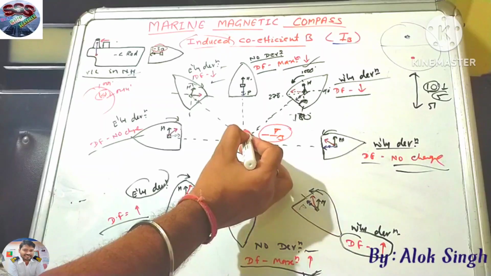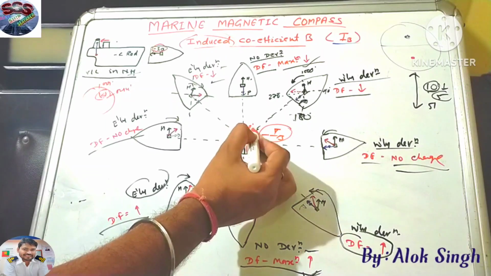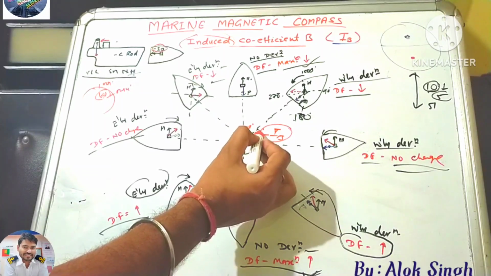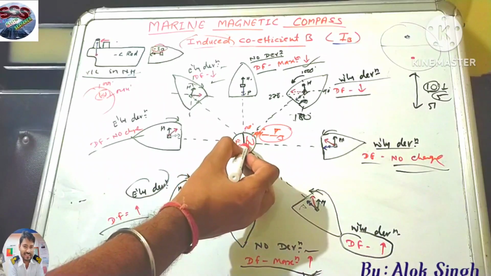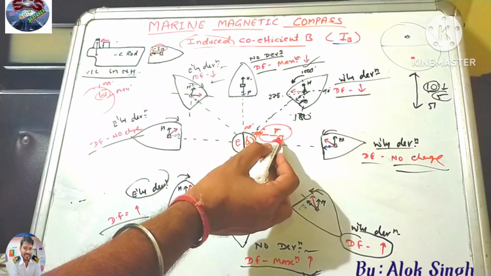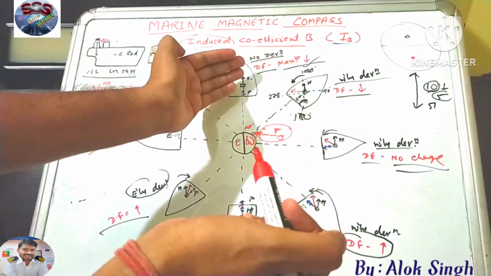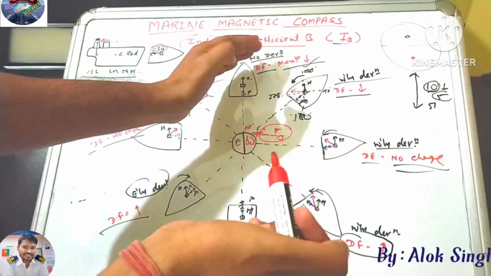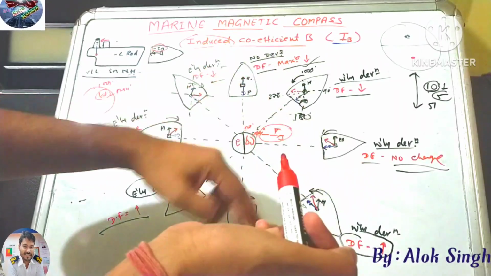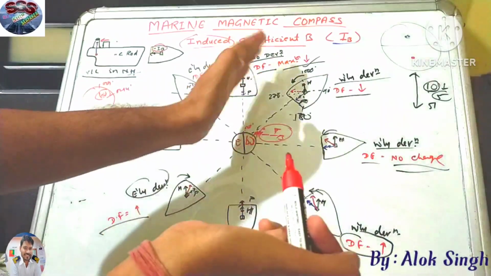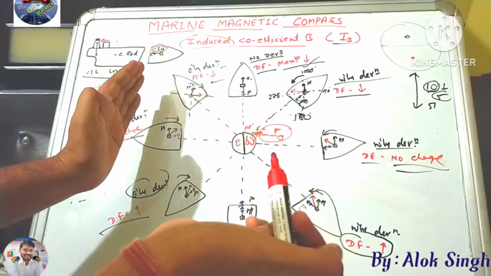You can compare the same thing, because all the deviation from 000 till 180 degrees is westerly, and here it is easterly.